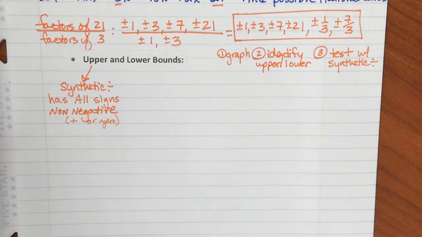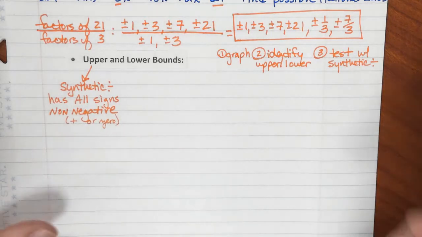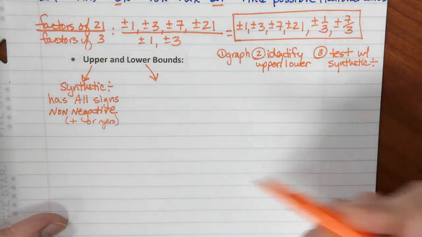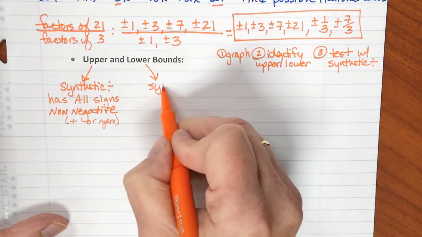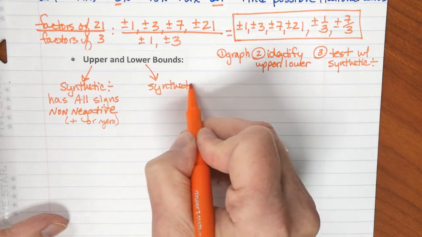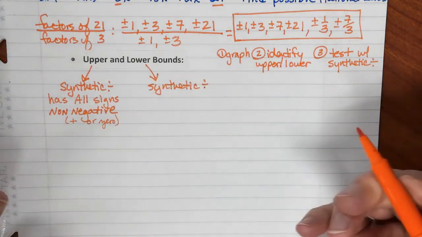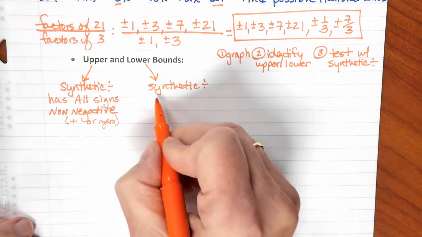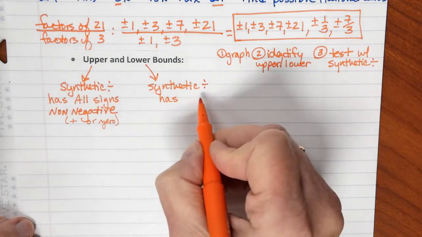So we say non-negative. Now let's think you have the lower bound. Let's test that. You do synthetic division, you get your answer after you've divided with the lower bound. That answer has alternate signs.